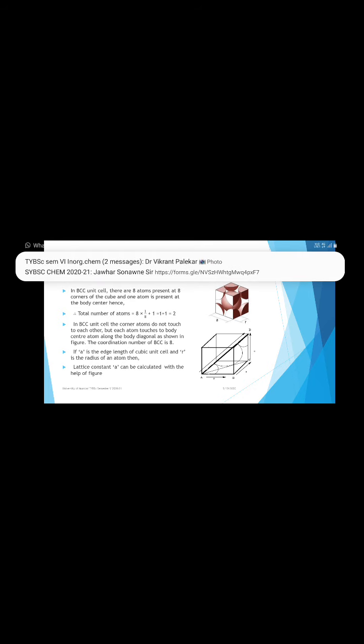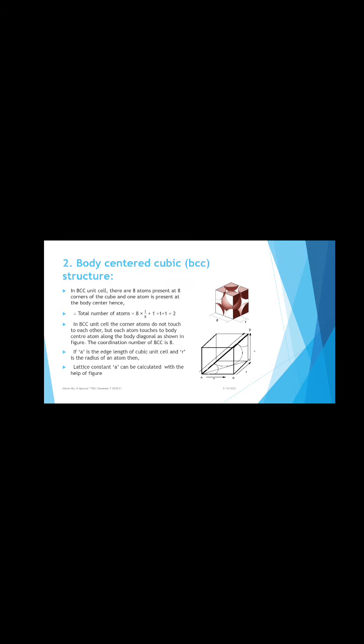So the body centered atom and the corner atoms are arranged diagonally as shown in the figure. The coordination number of a BCC type unit cell crystal is 8. That means every atom is surrounded by 8 other atoms, and that's why the coordination number becomes 8.